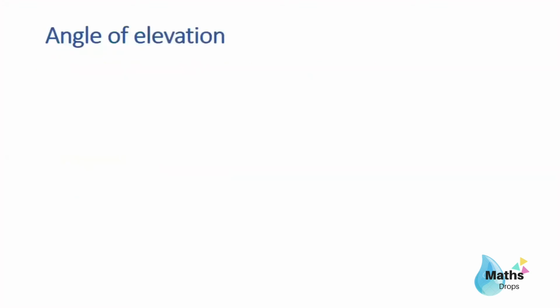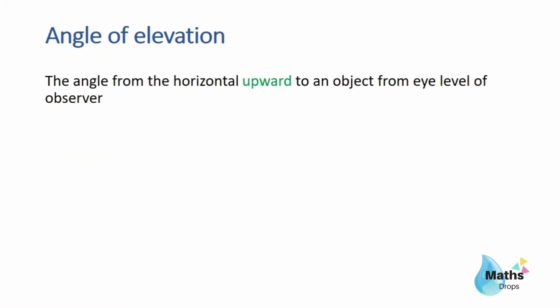There are two angles we want to know in a scale diagram. Let's see them one by one. First one, angle of elevation. Angle of elevation means the angle from the horizontal upward to an object from the eye level of the observer. Let's see the definition as a visual.